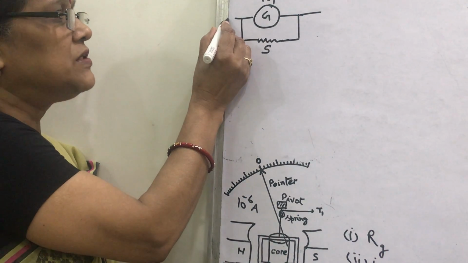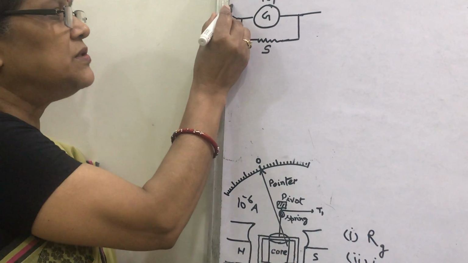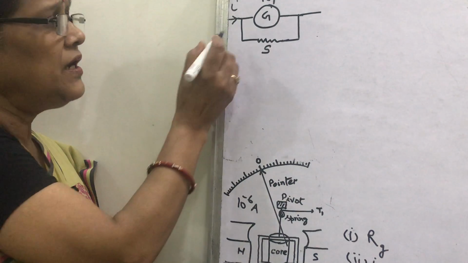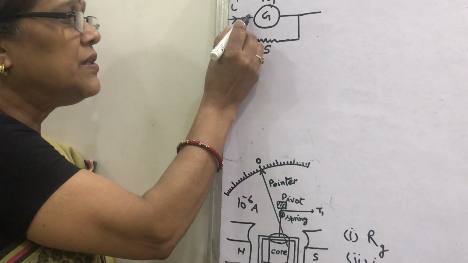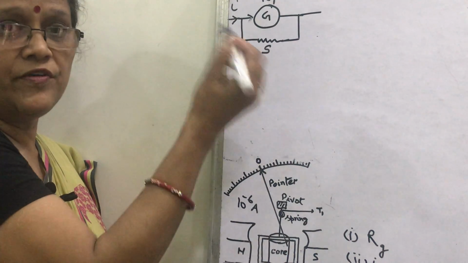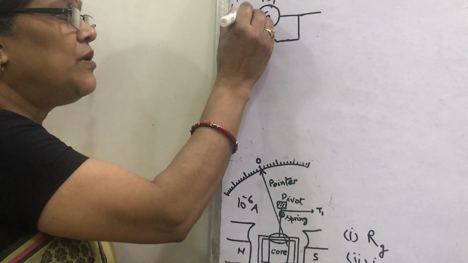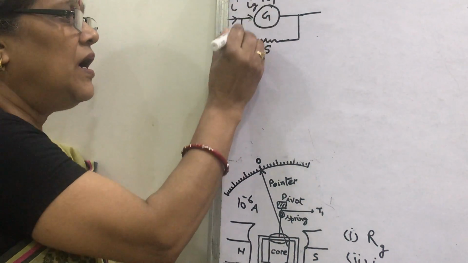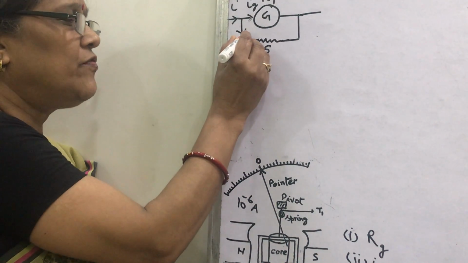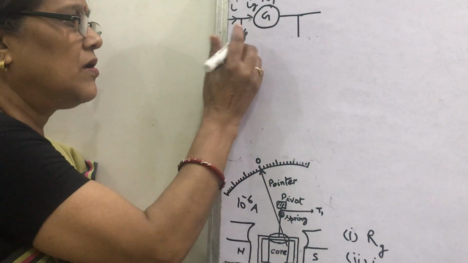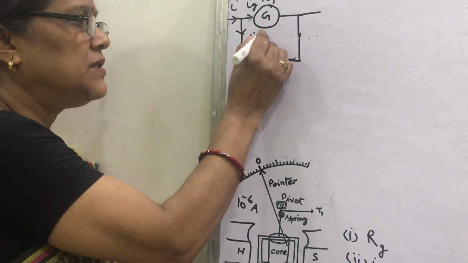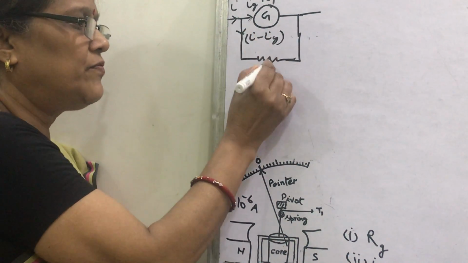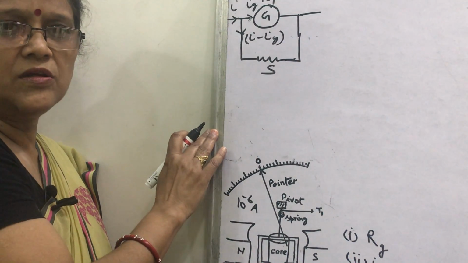Now the current coming in the circuit is suppose I. Out of this current I, some current will go in the galvanometer for giving full scale deflection. So it will be Ig, and the rest of the current, I minus Ig, will flow through the shunt.